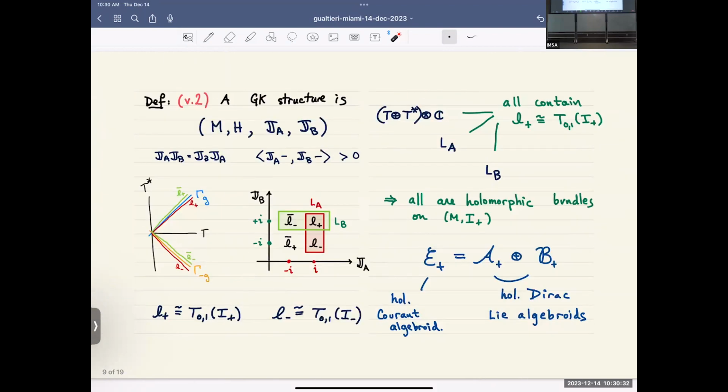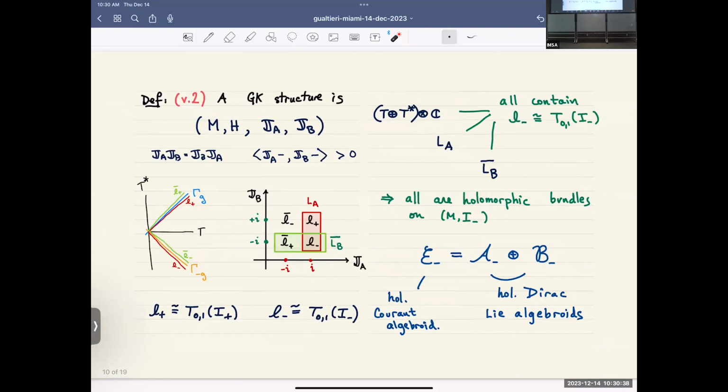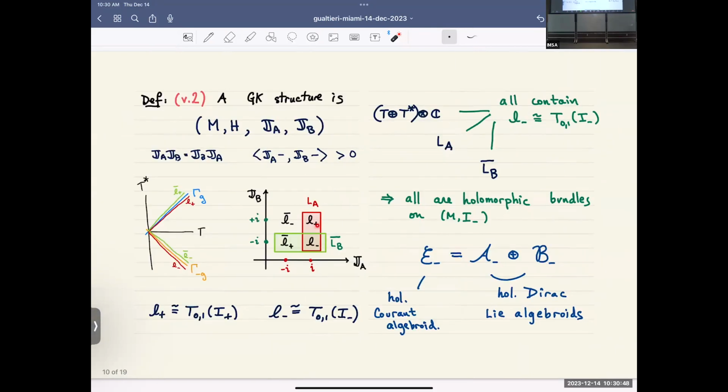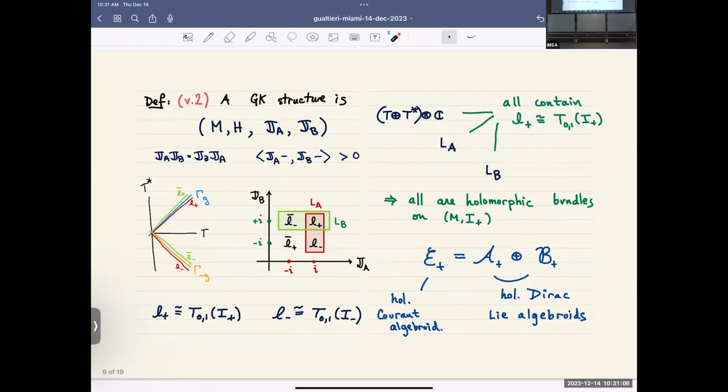Notice that the only difference is that LB gets switched to LB bar because I want to focus on the minus complex structure instead of the plus complex structure. So LA remains the same because I'm still looking at the I eigenspace of JA, but the B eigenspace is different. It's the lower one. Nevertheless, we can make the same argument, and then on X minus, we get this whole same type of holomorphic data. So this holomorphic data is on X minus, and this holomorphic data is on X plus.